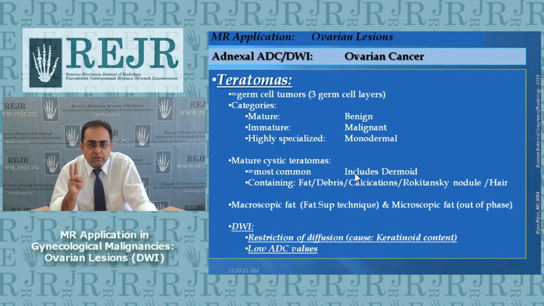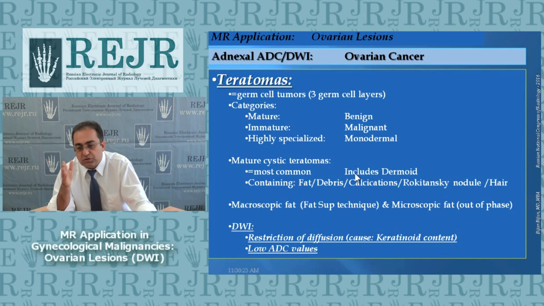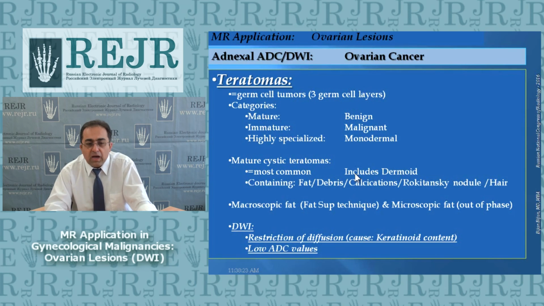We have two different types of fat suppression. You can have macroscopic fat suppression, which is frequency-coded fat suppression, or you can have microscopic fat suppression, which is in-phase, out-of-phase T1 sequences. Teratomas, as I talked to you about before, can show restriction. They can actually look malignant. The cystic component can look malignant, and this is because of the keratinoid content of the lesion.